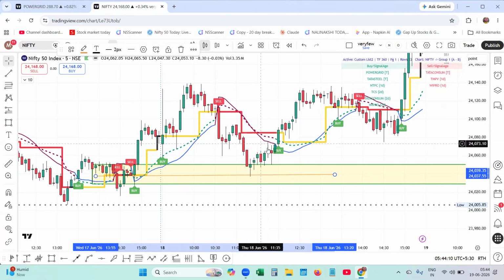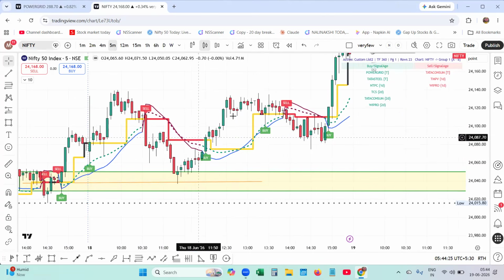Otherwise, this is an early entry, but the price action is very choppy. At that time, you should have a very strong mind to hold the position. That is the thing. So like this, you can keep alerts for multiple stocks.